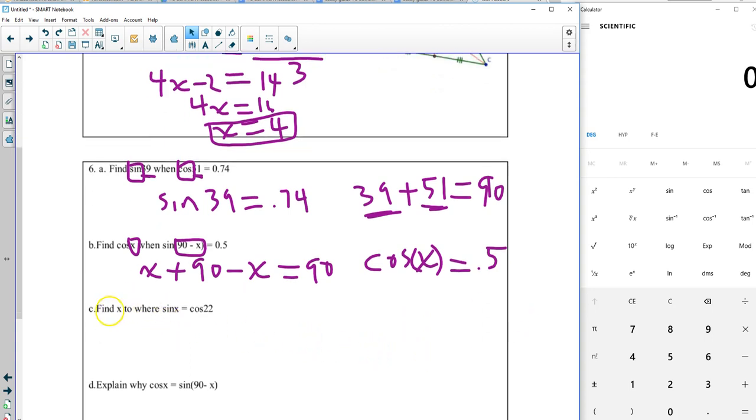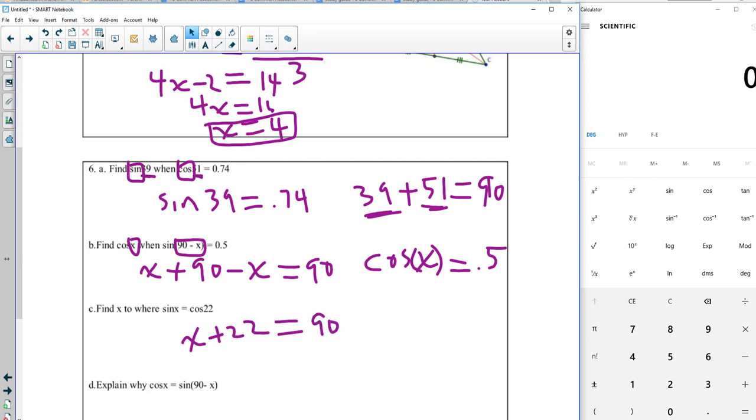So where sine x is equal to 22, in order to find out what that x is, I have to say x plus 22 is equal to 90.